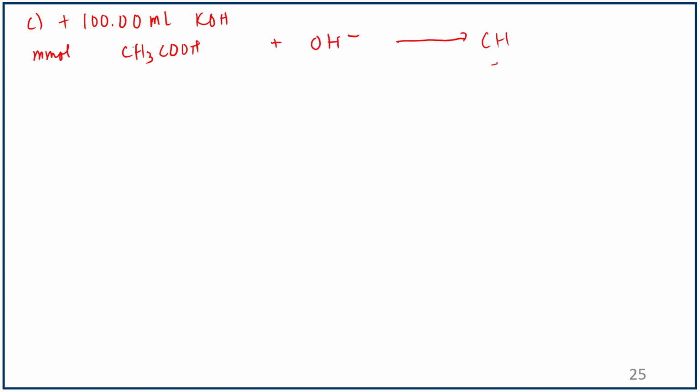All right, let's go to the next problem, letter C. What if we had an addition of 100.00 ml of KOH? Now, again, we will need an ICF table for this one. So millimoles: CH3COOH plus OH minus going to give you acetate ions plus water.